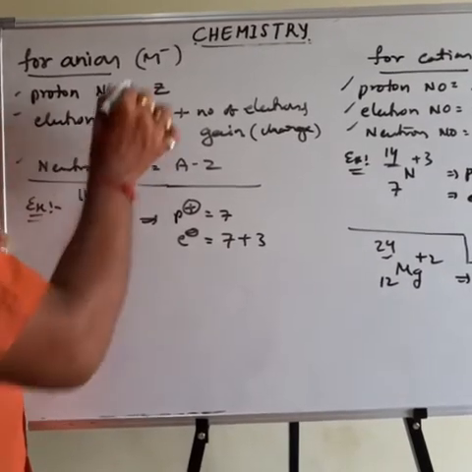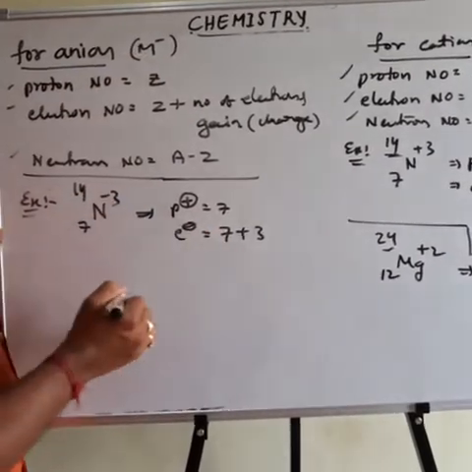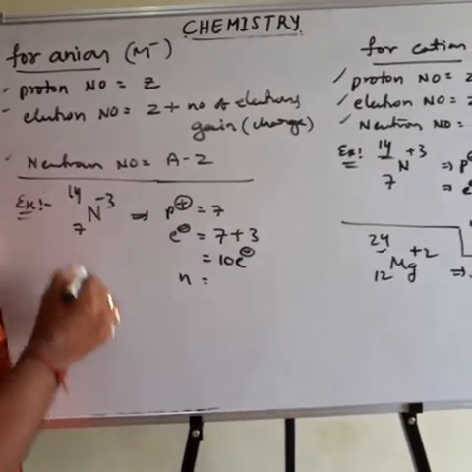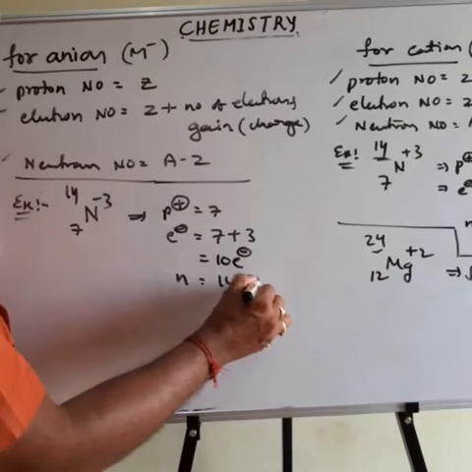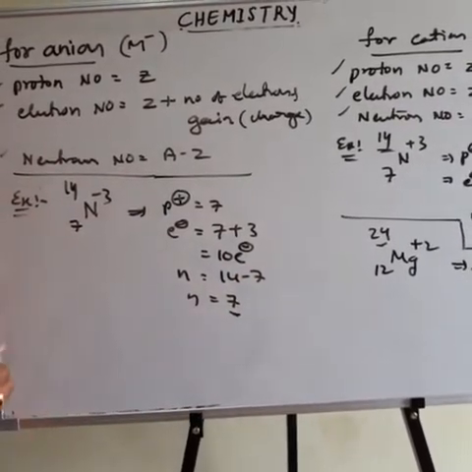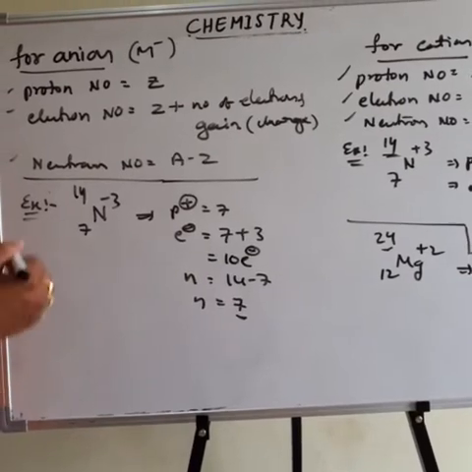Because of the negative charge, anions mean gain of electrons. Total 10 electrons are there. Next, neutron number 14 minus 7 is 7 neutrons. So this is about the proton, electron, and neutron numbers for the anions.